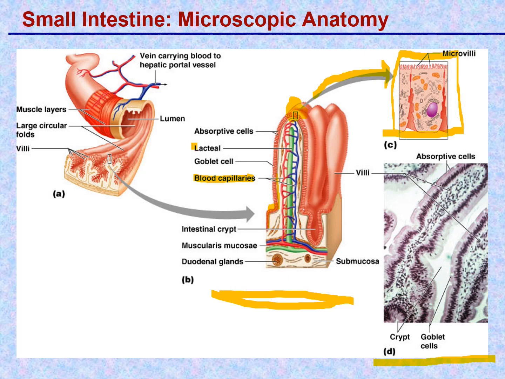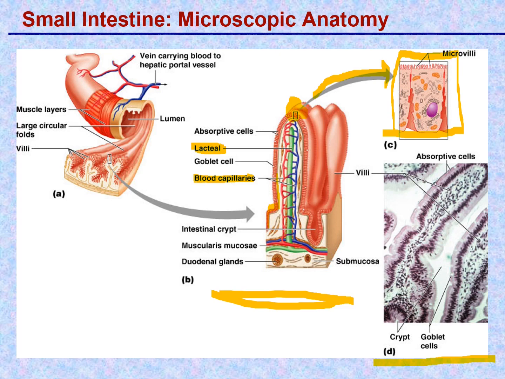It's called a lacteal. So down the center of each villus, shown in green, is a lacteal, and that's involved in absorption of products of digested lipid. So fat gets absorbed into that specialized type of lymphatic vessel.